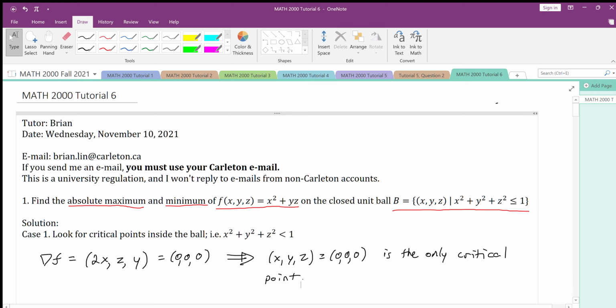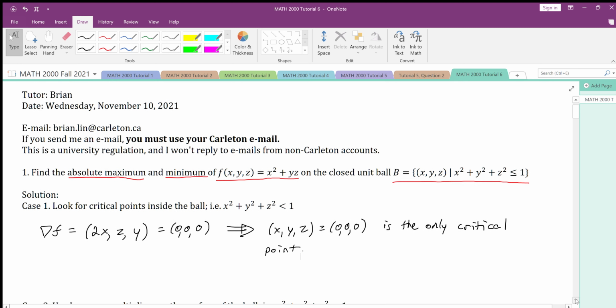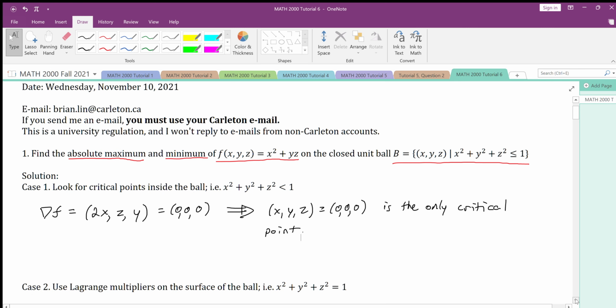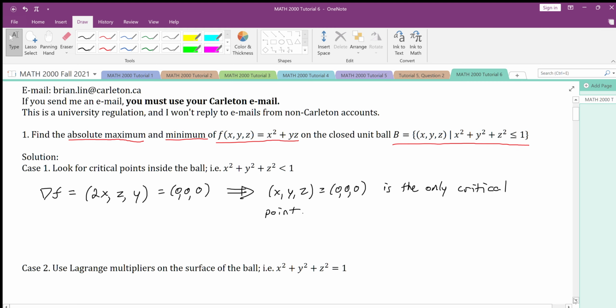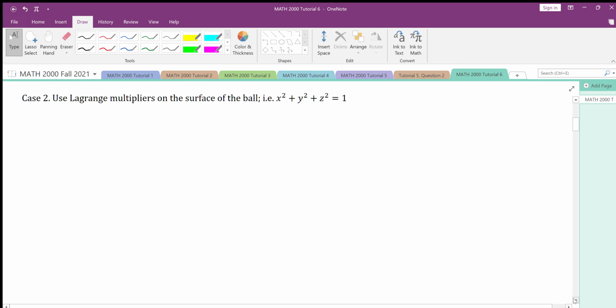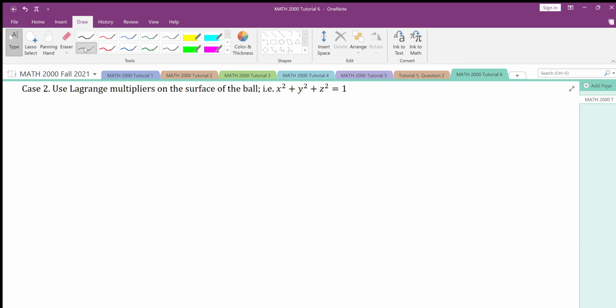For case 2, we will look at what happens on the surface of the ball. So that's x squared plus y squared plus z squared equals 1. And to do that, we will use Lagrange multipliers. So let's do that.